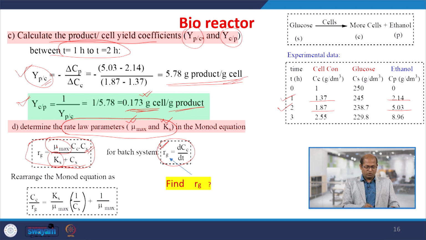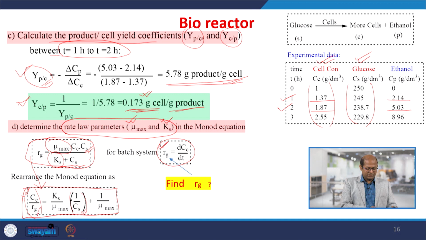So, here this Monod equation is there, we are just rearranging these equations, writing this way, just inverting this. If we rearrange these equations we can write this way, left hand side this and right hand side this. Okay. So, here the substrate concentration is given, and the cell concentration is also given from the experiment. These are the two components.